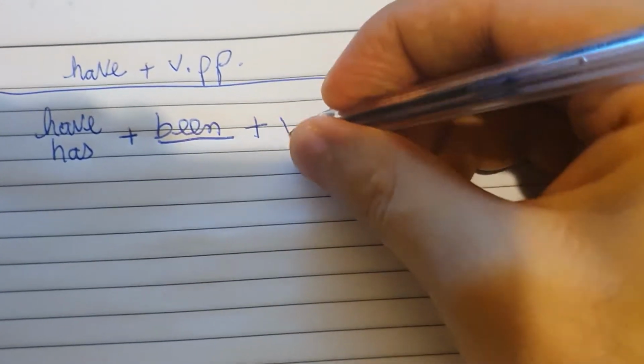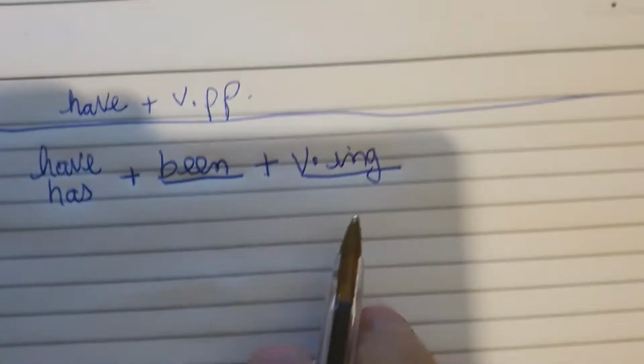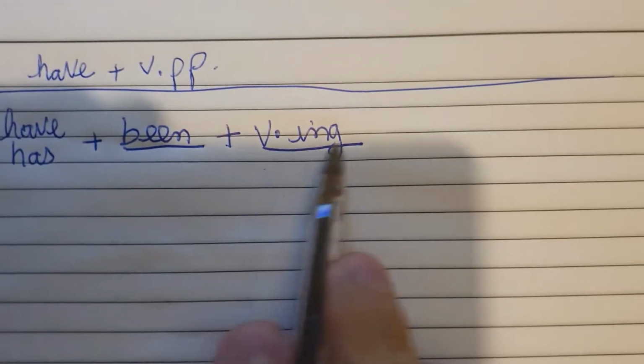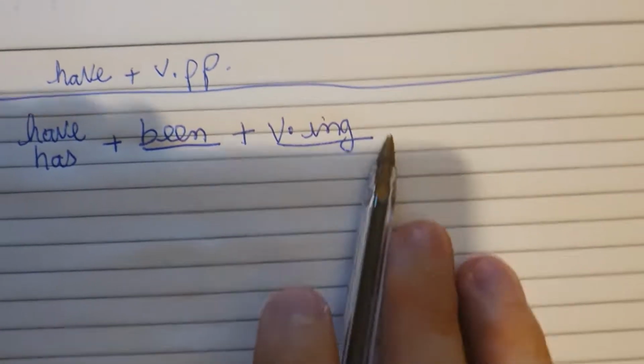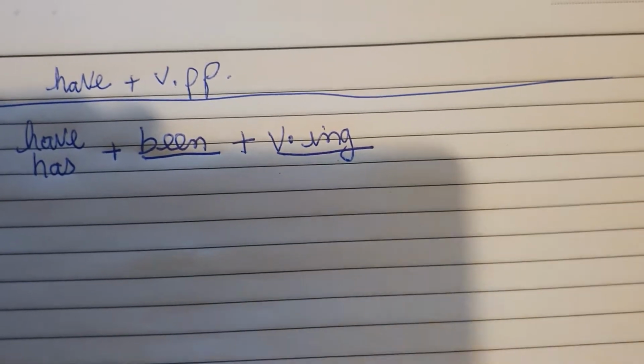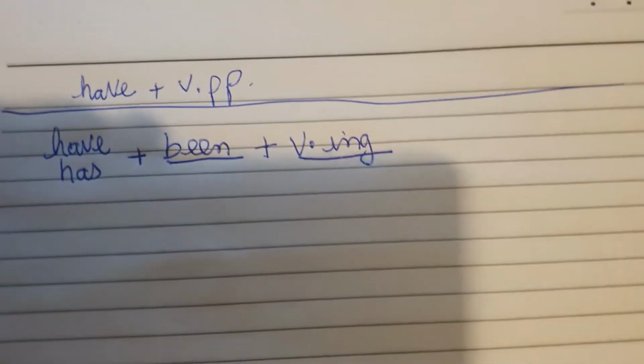Now we will see the present perfect continuous, which is have or has plus been plus the main verb followed by ing. You remember that you have studied ing before, in the present continuous and the past continuous.